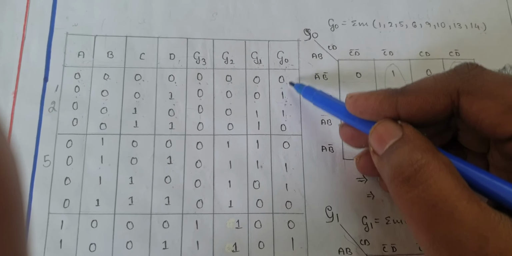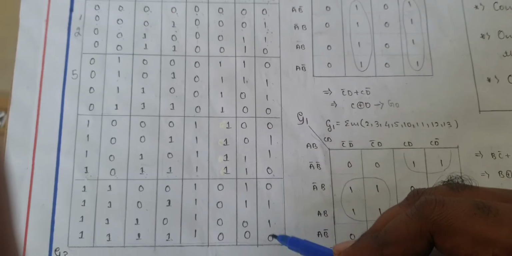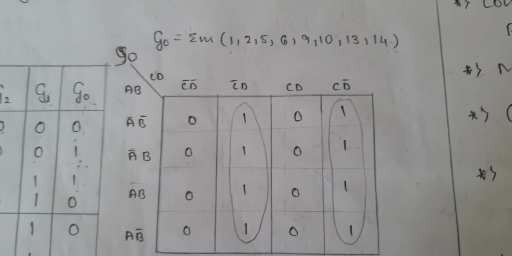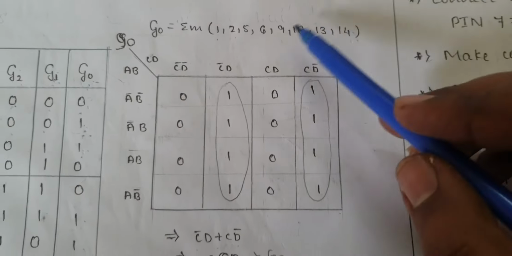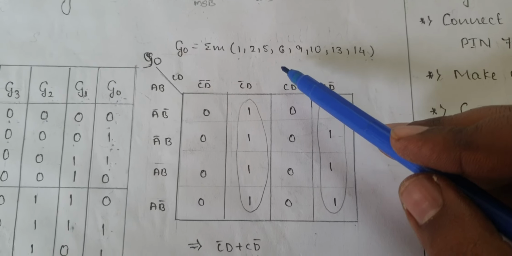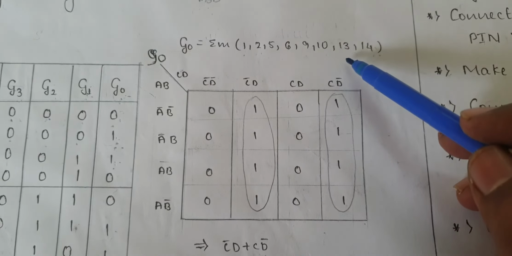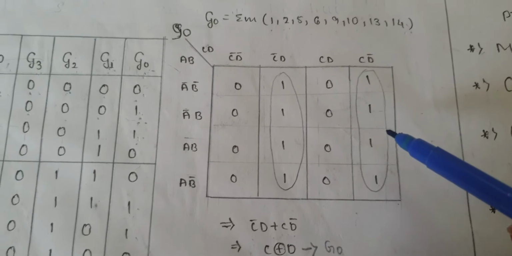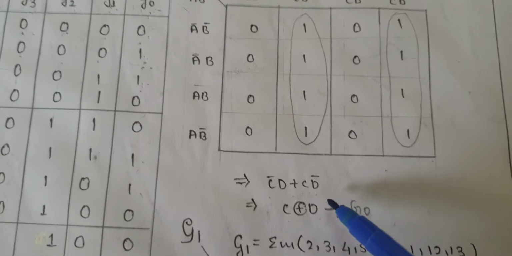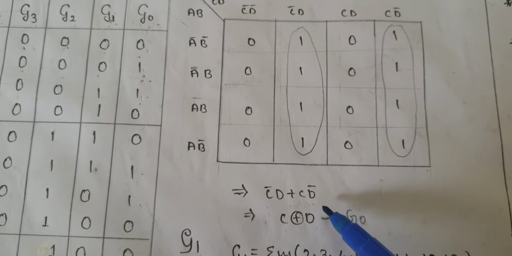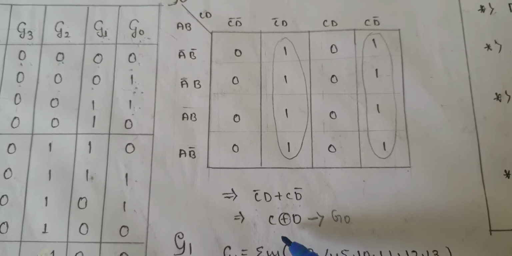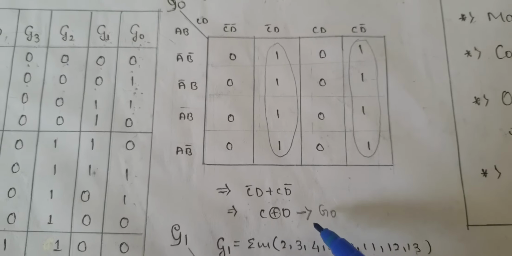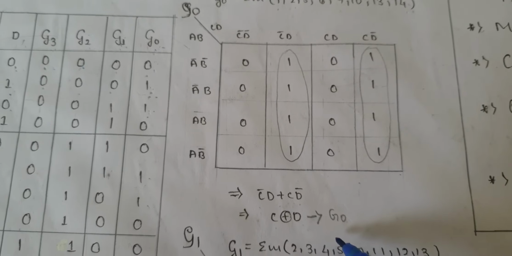Likewise, I write all the min terms for G0: 1, 2, 5, 6, 9, 10, 13 and 14. I'll plot the K-map for these min terms, and I get C bar D plus C D bar, which results in C XOR D. That is the answer for G0.